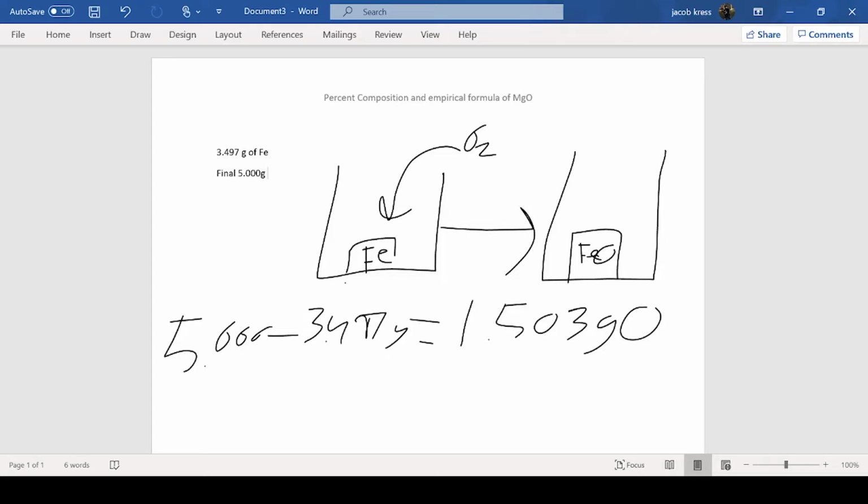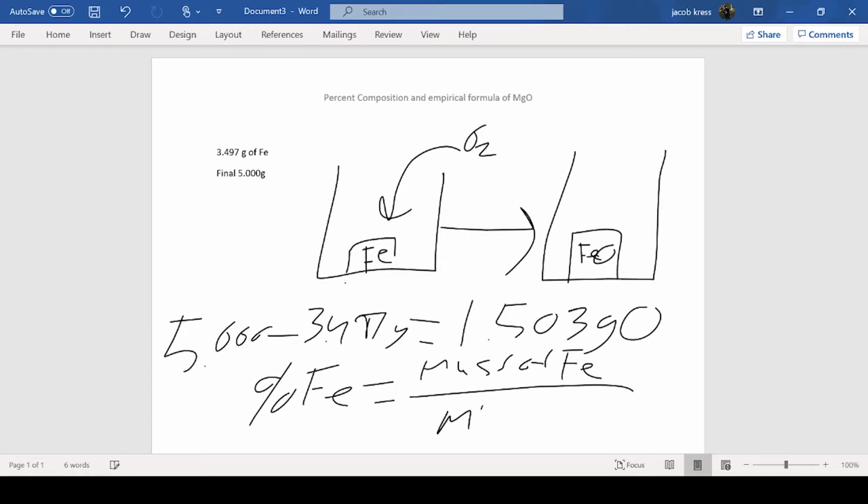Percent composition, again, is going to be similar to last week. If we think of this like a grade, it's very straightforward. For example, if we were doing percent iron, we would say that percent iron is equal to the mass of iron divided by the mass of our product as a whole, times 100.